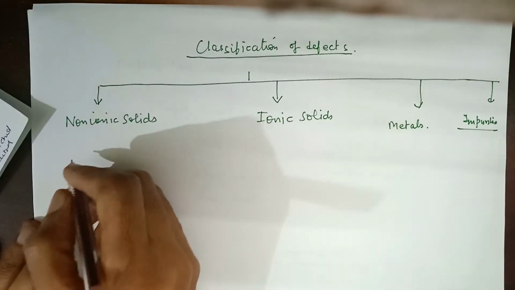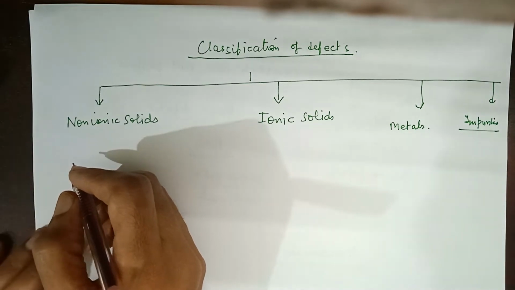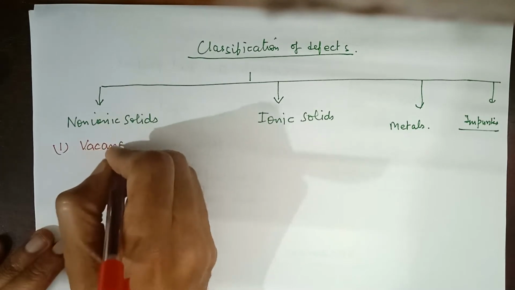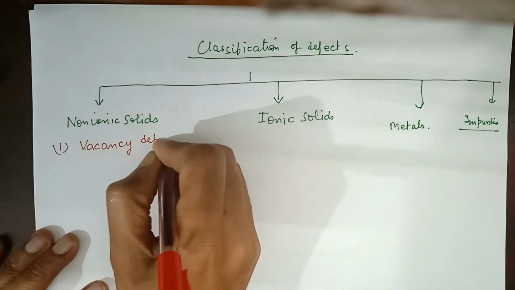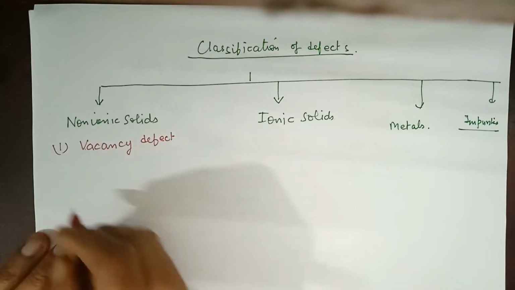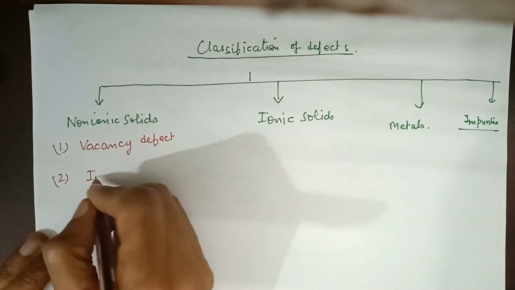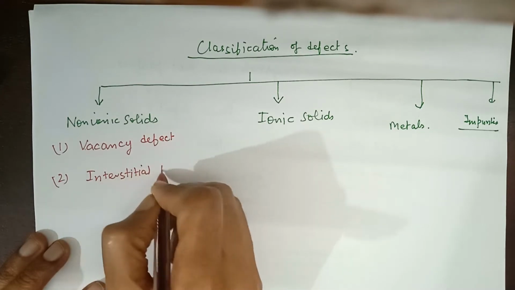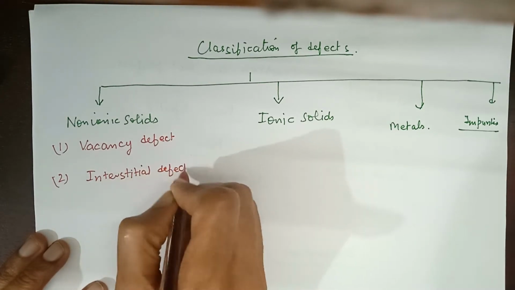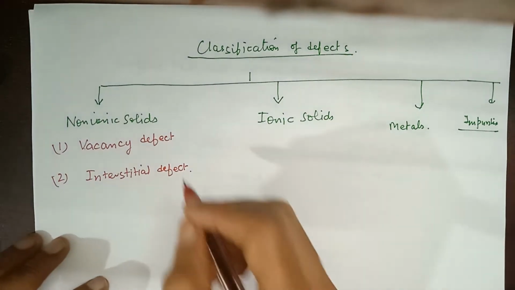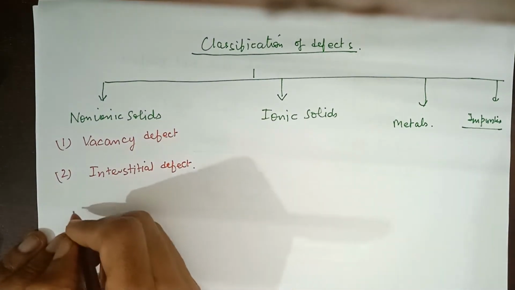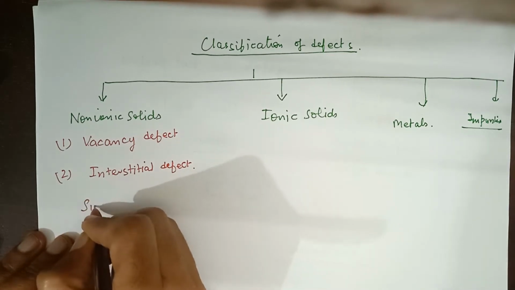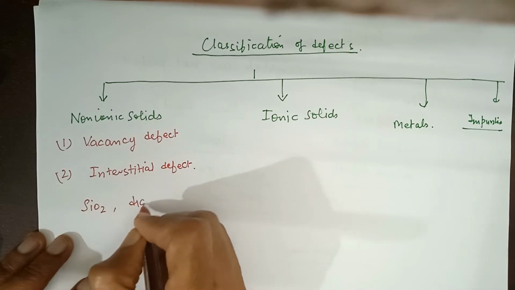In non-ionic solids, see, there is one vacancy defect, and the other is interstitial defect. Non-ionic solids means covalent solids and molecular solids, like quartz, diamond.